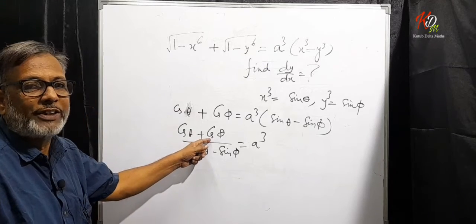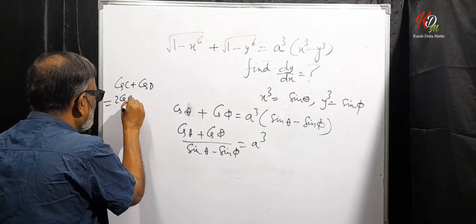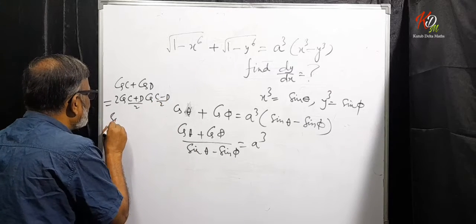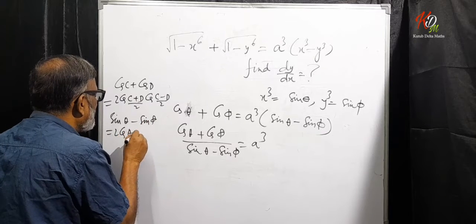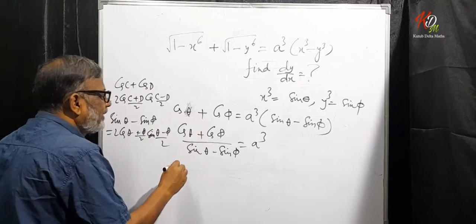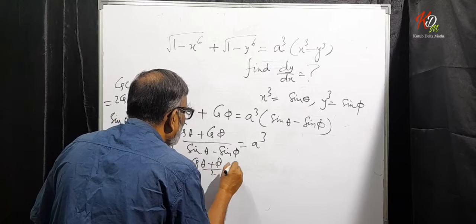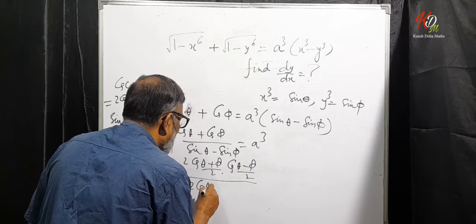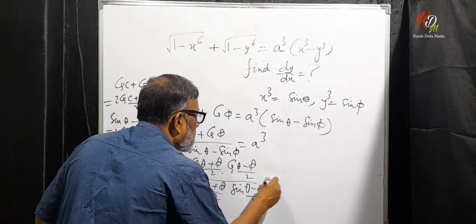Now cos C plus cos D, what is the formula we know? Cos C plus cos D is 2 cos (C plus D)/2 into cos (C minus D)/2. And sin theta minus sin phi, what is the formula? Sin theta minus sin phi equals 2 cos (theta plus phi)/2 into sin (theta minus phi)/2. Putting this formula, 2 cos (theta plus phi)/2 into cos (theta minus phi)/2 over 2 cos (theta plus phi)/2 into sin (theta minus phi)/2 equal to a cube.